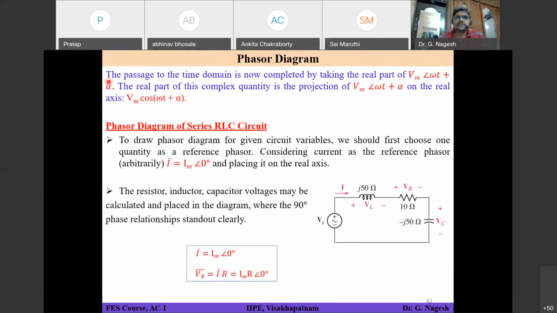What it means is that the passage to the time domain is now completed by taking the real part of Vm at an angle of omega t plus alpha.